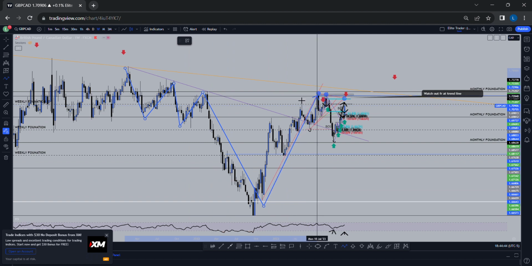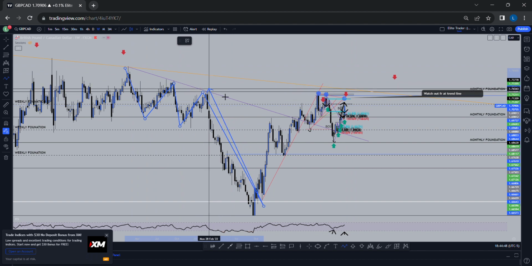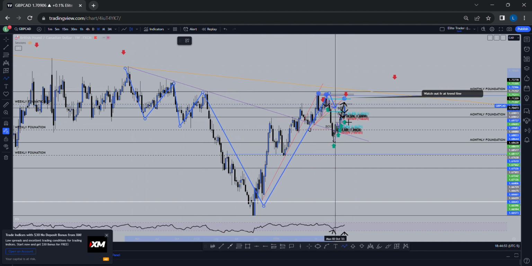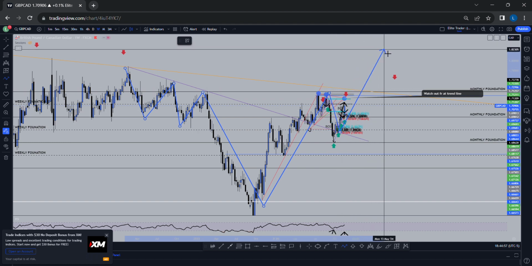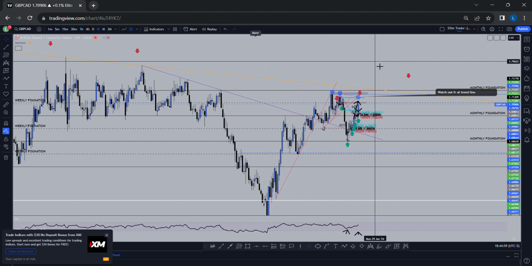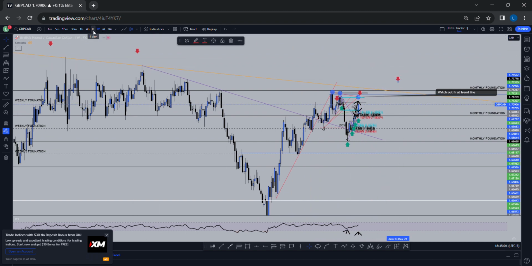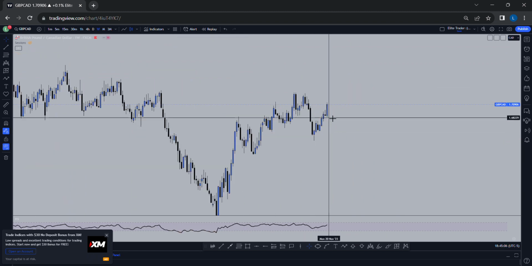Currently we did not really break, but we broke above this weekly trend line, creating not necessarily a high, but we actually broke it. Came back to retest, so we could potentially push up. So yeah, looking at the weekly candlestick again, we do have a lot of bullish momentum.